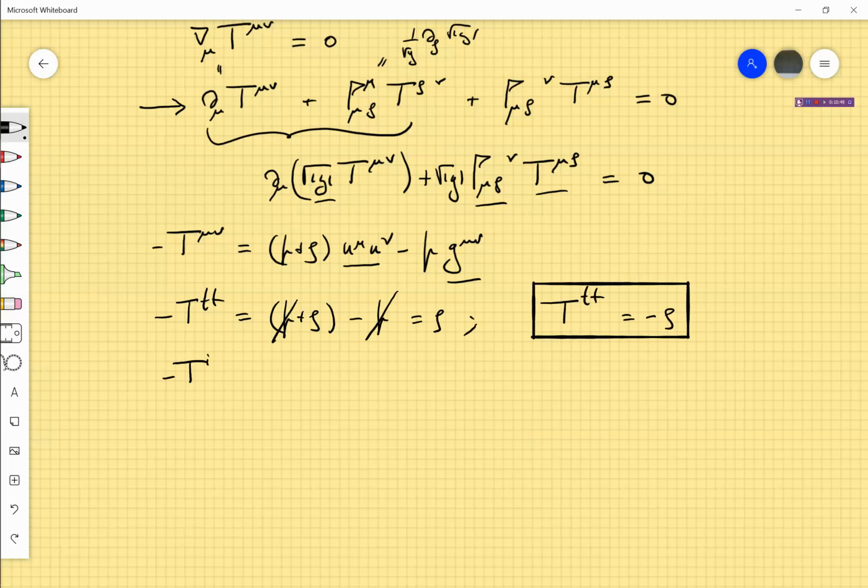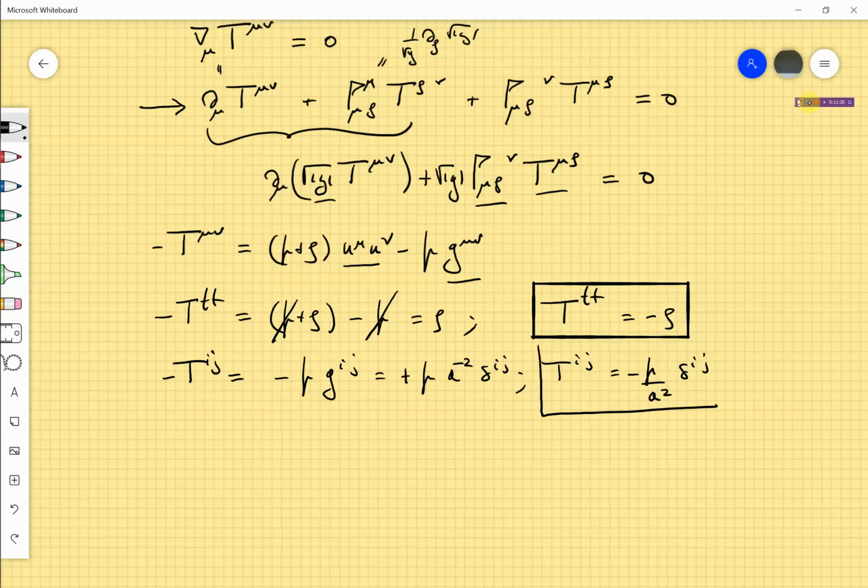Then the other components: the first term vanishes, so it's only minus p gij, and this is plus p a to the minus 2 delta ij. So tij is p divided by a squared with a minus delta ij. And these are all the components of the energy momentum tensor.